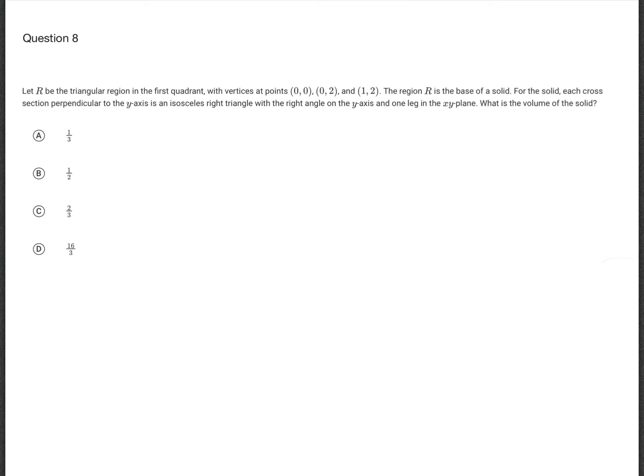Okay, definitely going to draw a picture. Let's do that off to the side over here. So first of all, they said it's a triangular region in the first quadrant, so we'll just draw the first quadrant. Points. So triangular version with those vertices 0, 0. We'll say that's 0, 2.